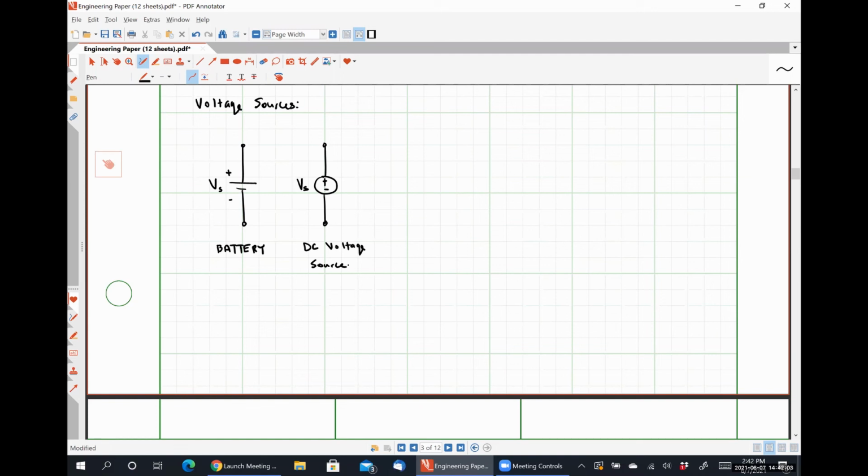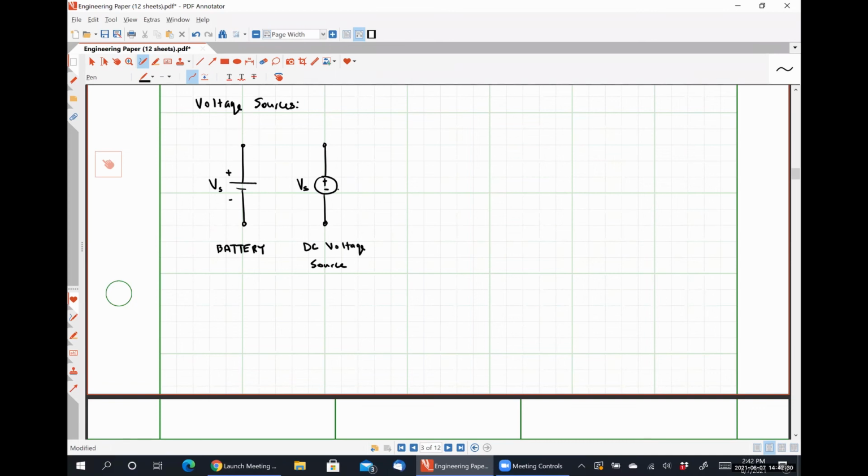It just provides a constant amount of voltage that does not vary with time. The plus sign in the circle in the middle is associated with the positive polarity terminal, and the minus sign is associated with the negative polarity terminal, okay? So practically it is identical to a battery. It's just a more generic form.